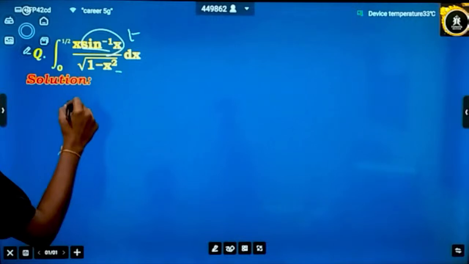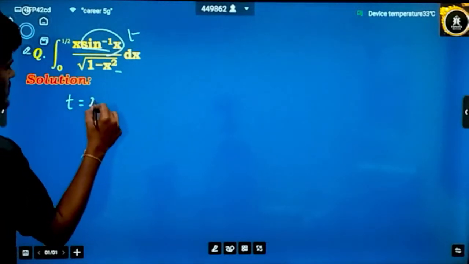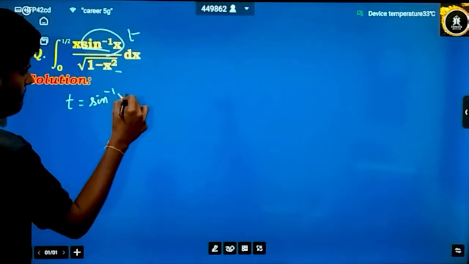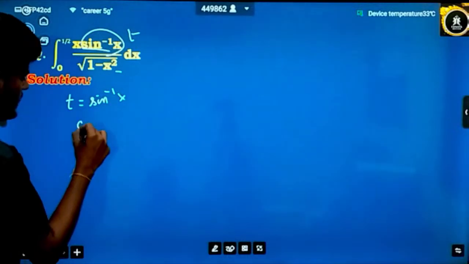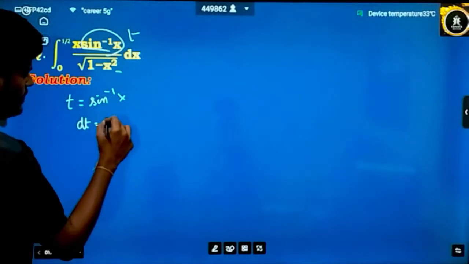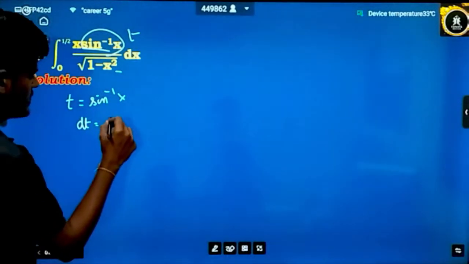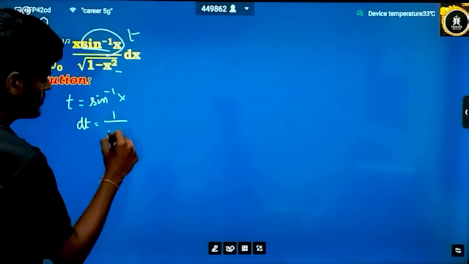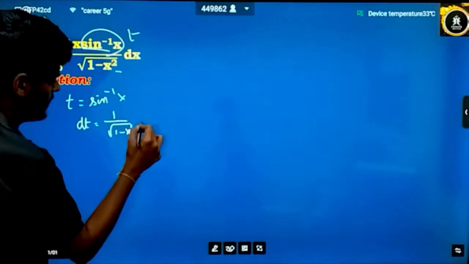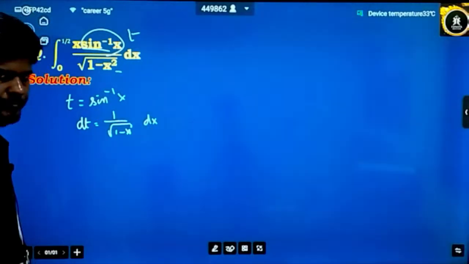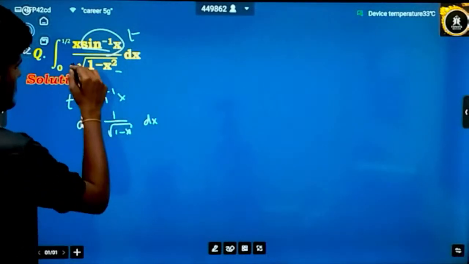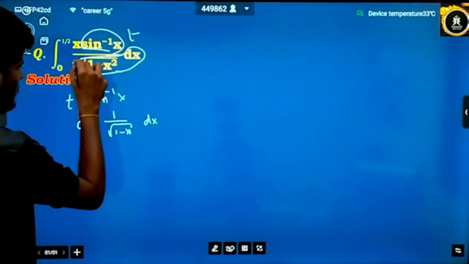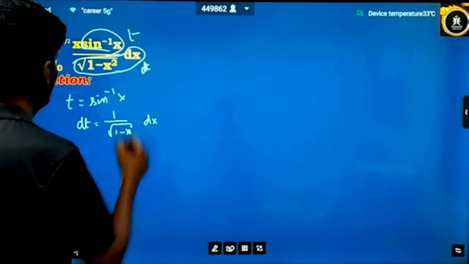Let's take t equal to sin inverse x. Then what is dt? dt becomes 1 by square root of 1 minus x square dx. That means this entire term will become dt.